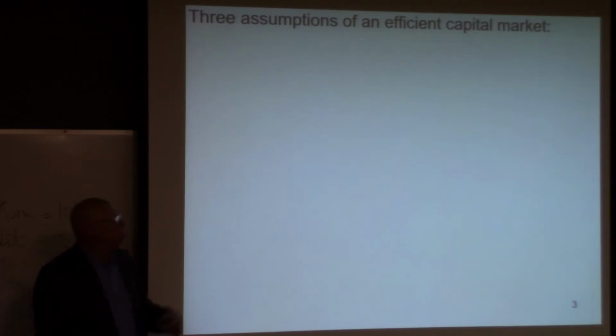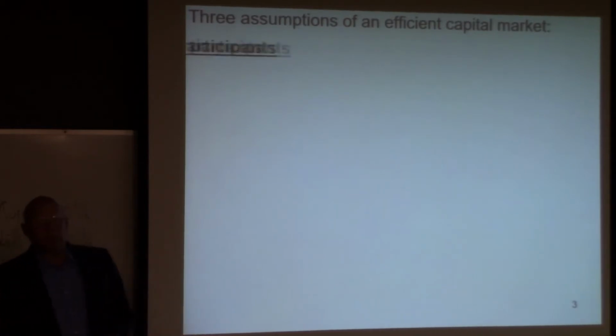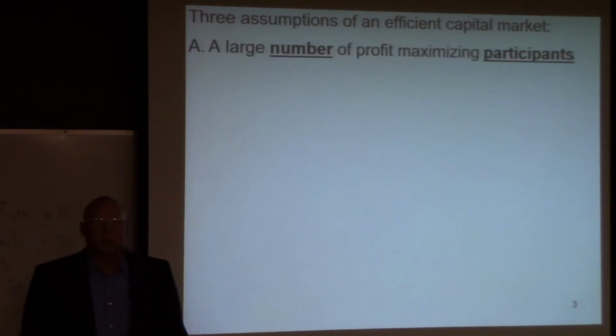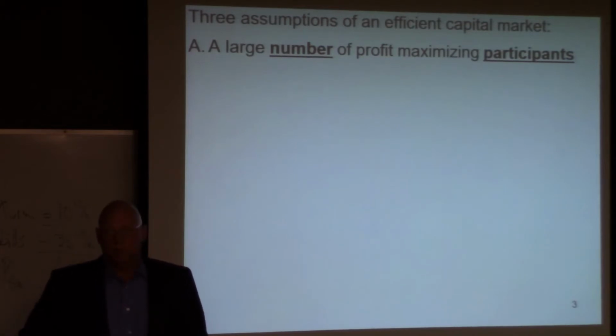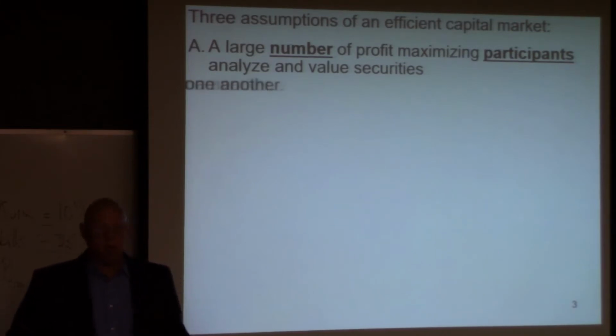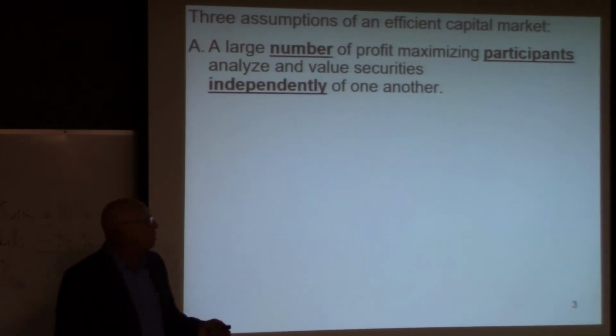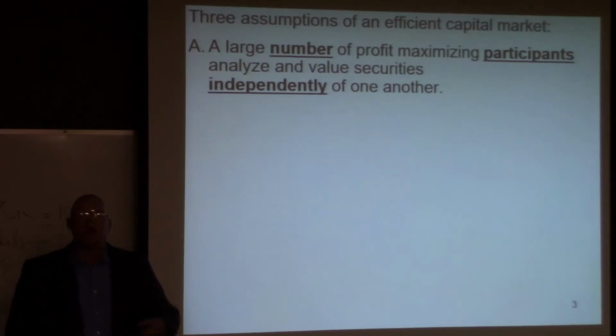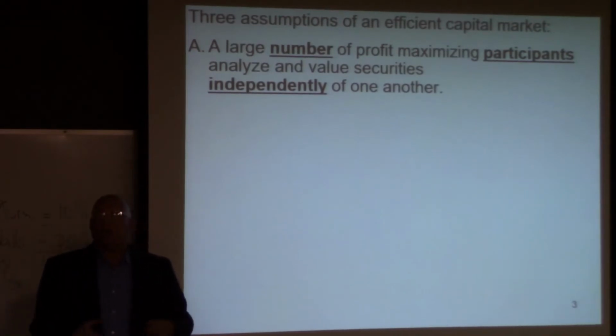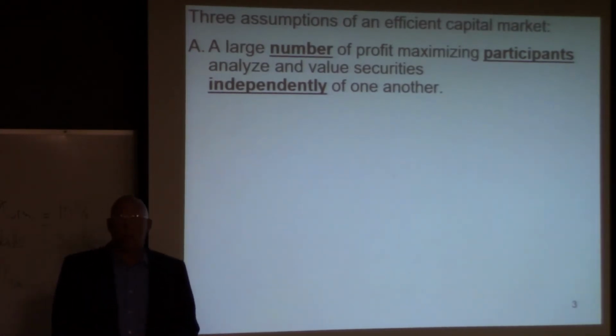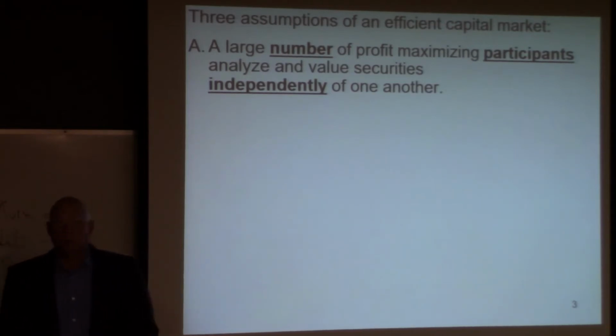Okay? So what are three assumptions of an efficient capital market? First, that there are a large number of participants who are trying to maximize their profit, and they analyze and value securities independently of one another. So we're all out there looking at these securities, trying to figure out what a proper valuation is, and we are not colluding with one another.